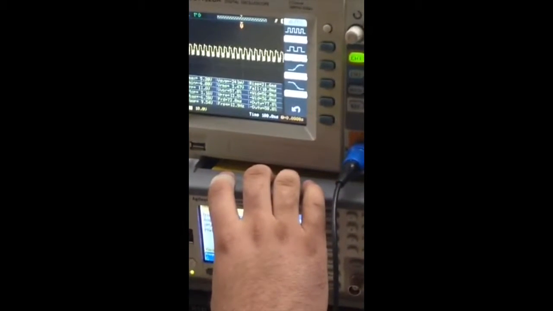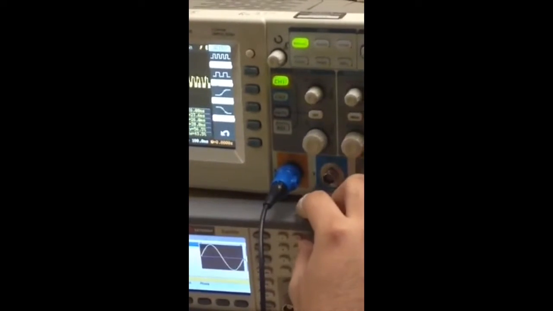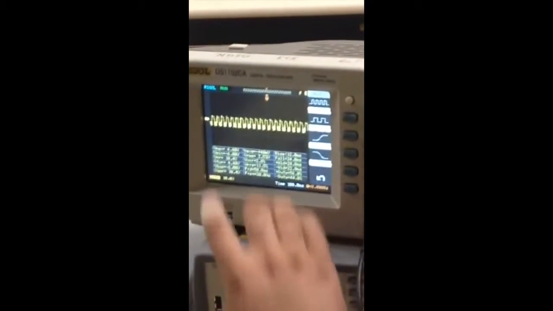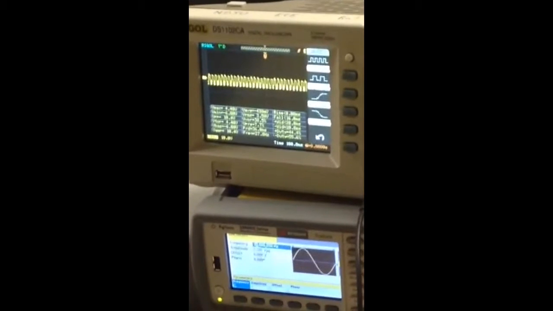So now we're going to 20 hertz, which is still passing, but the voltage in the output should decrease. Now we go to 30 hertz. You can see the change in the speaker also. We go to 50 hertz.